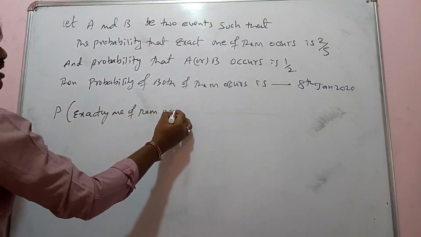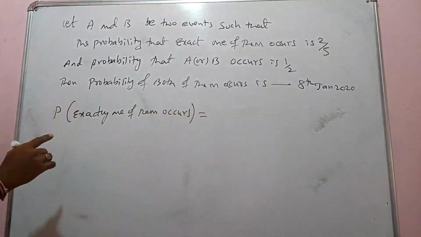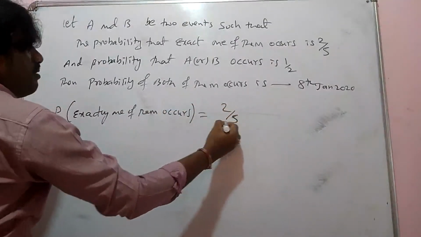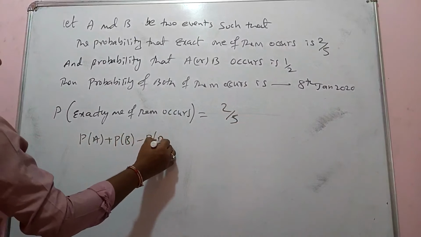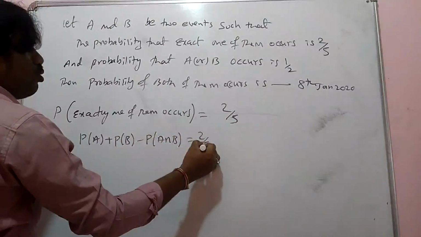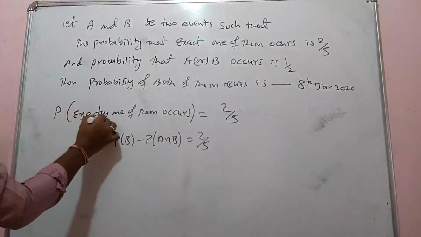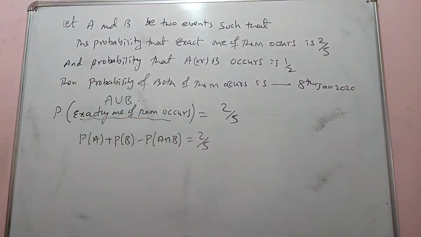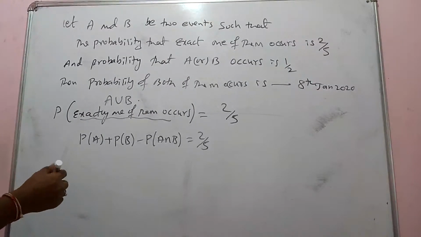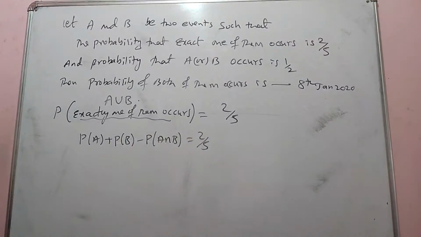That is nothing but A union B. They gave 2 by 5, meaning probability of A plus probability of B minus probability of A intersection B is equal to 2 by 5, because exactly one of them occurs means A union B, it says. Then it says the probability that A or B occurs.